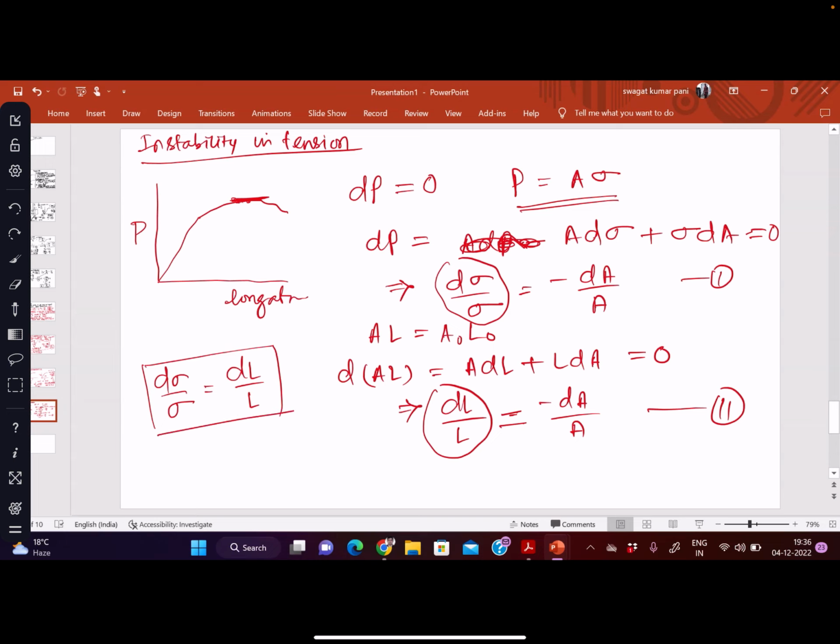What is dL by L? How do we calculate true strain? The definition is dL by L equals d epsilon, the change in true strain.